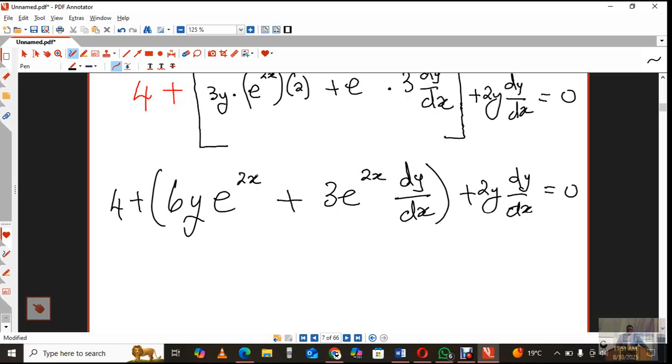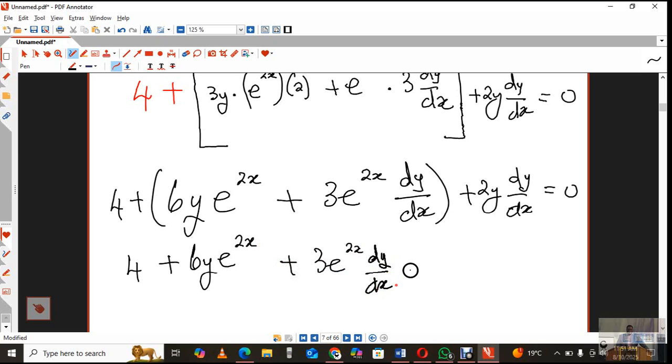I'm going to have to remove these brackets because I have added them. So 4 plus 6y e raised to the power of 2x, plus 3e raised to the power of 2x dy dx, plus 2y dy dx is equal to 0.